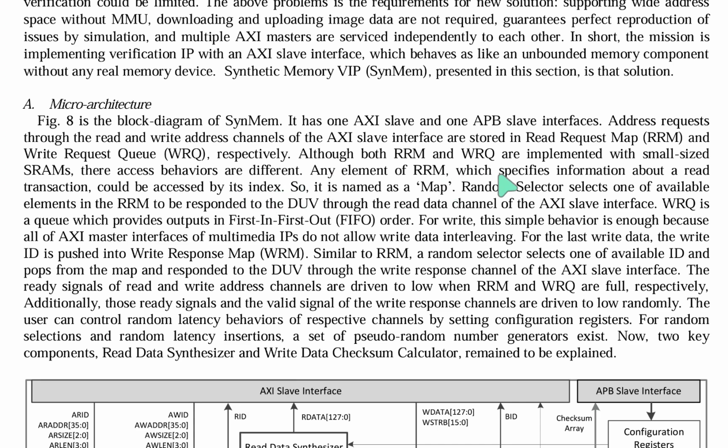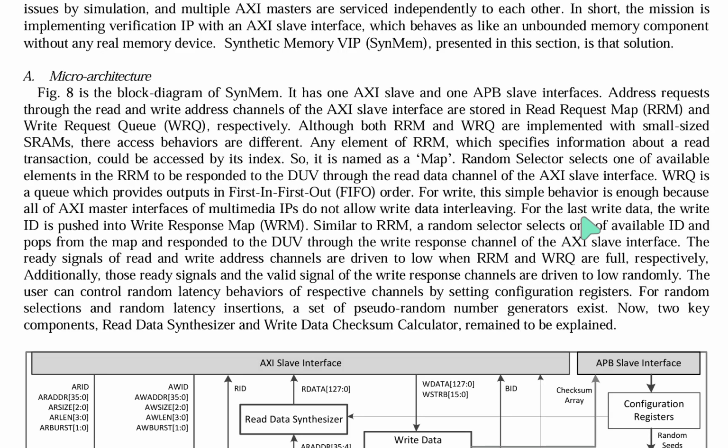A random selector selects one of the available elements in the RRM to be responded to the DUV through the read data channel of the AXI slave interface. WRQ is a queue which provides output in first-in, first-out, FIFO order. This simple behavior is enough because the AXI master interfaces of multimedia IPs do not allow write data interleaving.